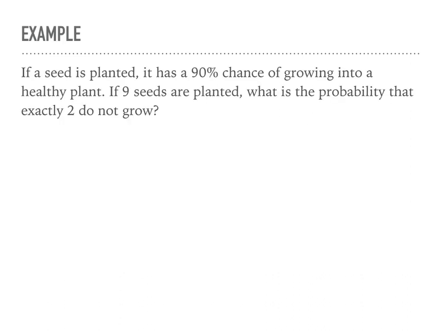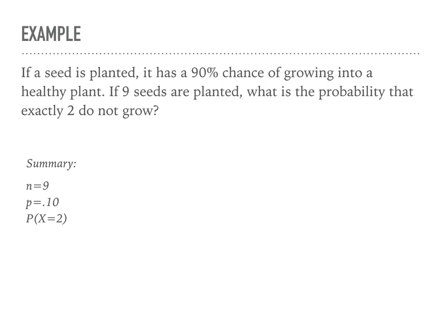Let's look at an example now. If a seed is planted, it has a 90% chance of growing into a healthy plant. If 9 seeds are planted, what is the probability that exactly 2 do not grow? So a summary of what we have: our number of trials n is 9. Our probability of not growing, because that's what we're looking for, is 0.1, and we're looking for exactly 2.